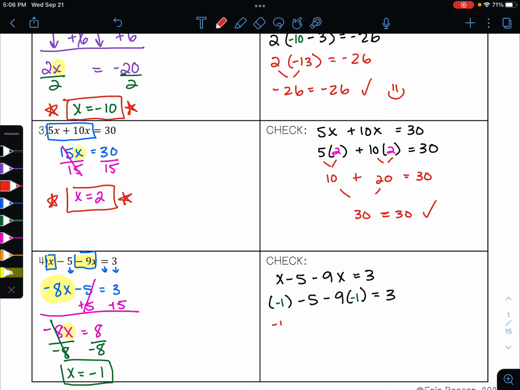So I'll have negative 1 minus 5. And then negative 9 times negative 1 is positive 9. Negative 1 minus 5 is negative 6. Whoops, that doesn't really look like a 3. Negative 6 plus 9 is 3. 3 equals 3. So we have done this correctly.